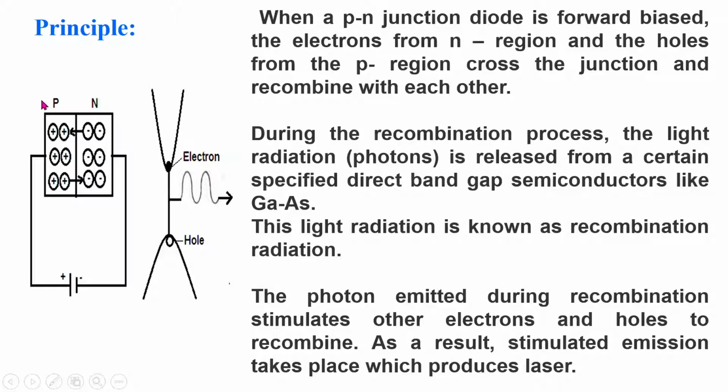Similarly, in the semiconductor diode also, the process of stimulated emission takes place, which results in the production of the laser beam. So this is a very simple principle used in a semiconductor laser diode.